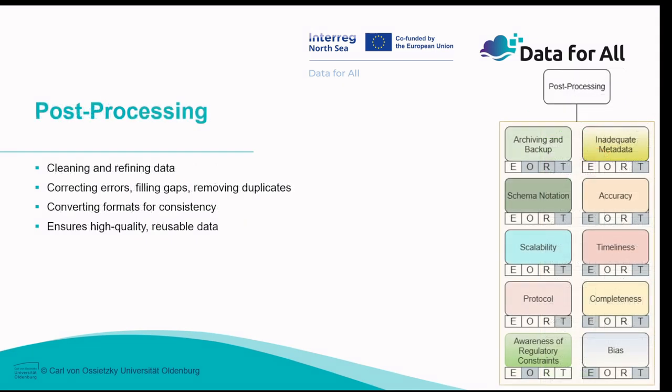Now we want to talk about the issues that happen in post-processing. Metadata means information about data. It tells us things like where the data comes from, when it was created, its format, and who can access it. Good metadata helps people find data, understand it, and use it correctly.